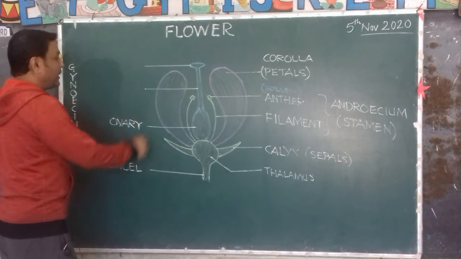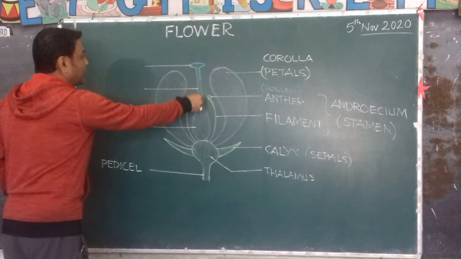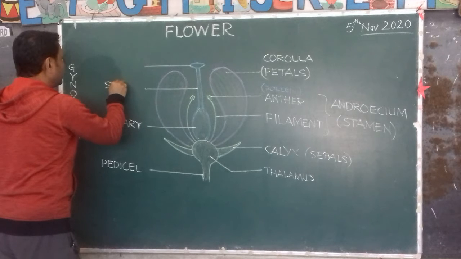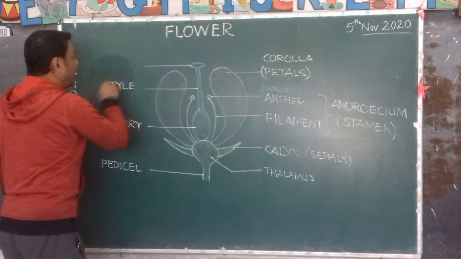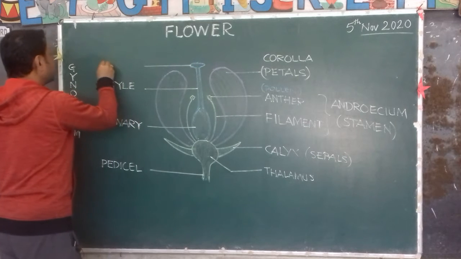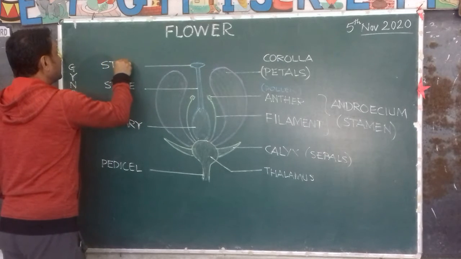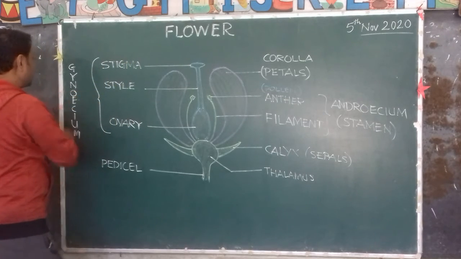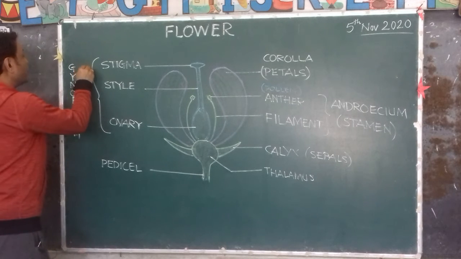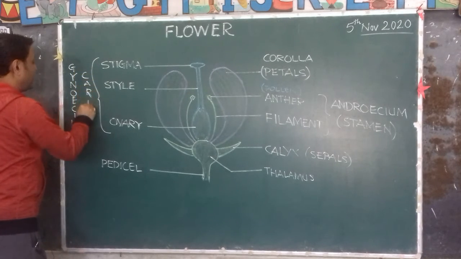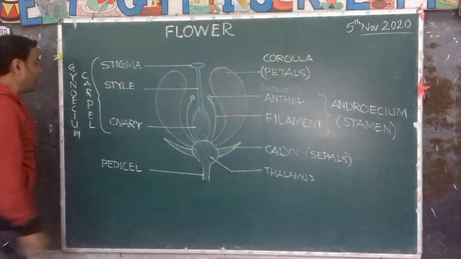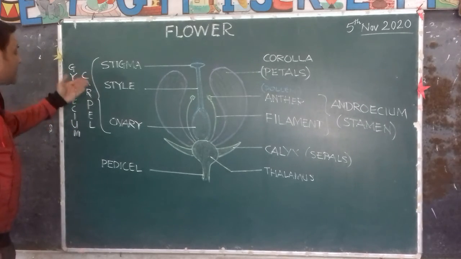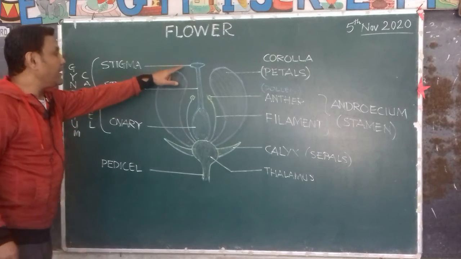The long portion, the stalk-like structure here, is known as the style. And the top flat portion is known as the stigma. Together they comprise the gynoecium, also known as the carpel, which consists of the ovary, the style, and the stigma.